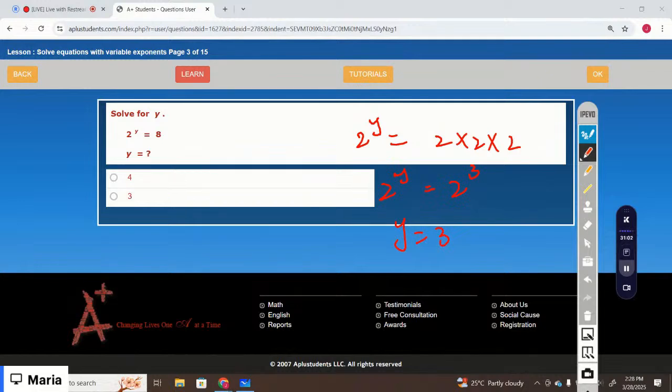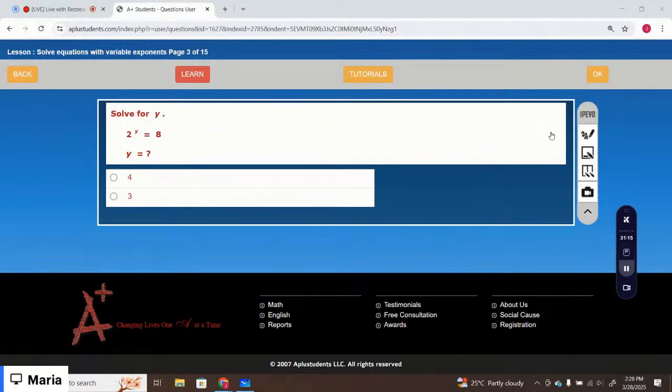So that is Y equals 3. Option number 2 is the correct option. That is 3.